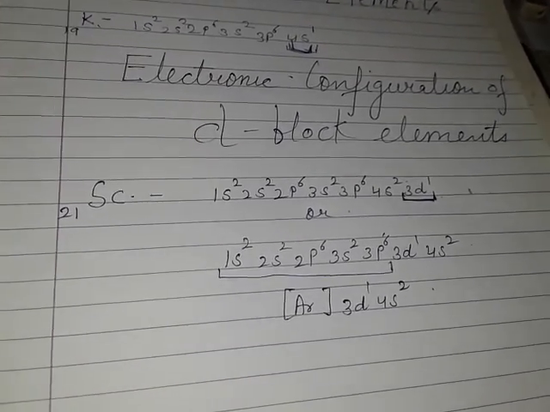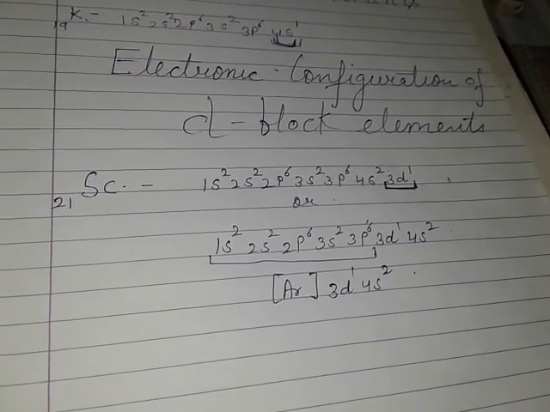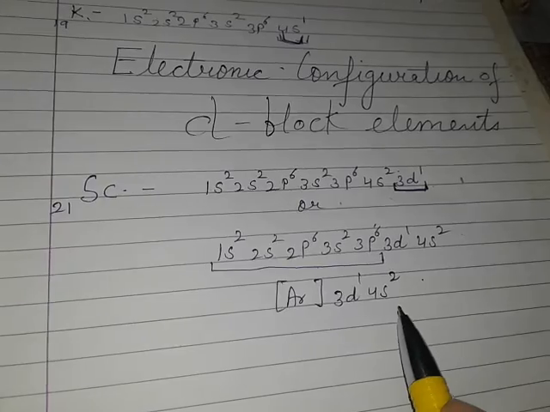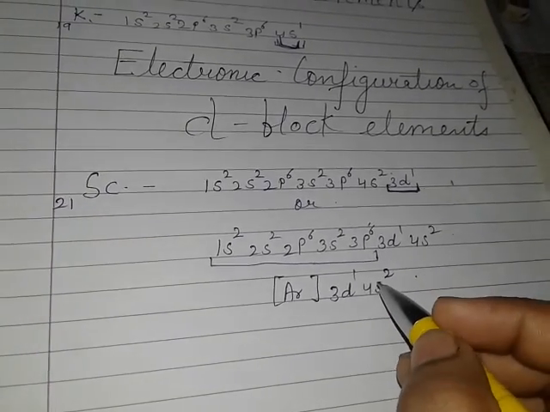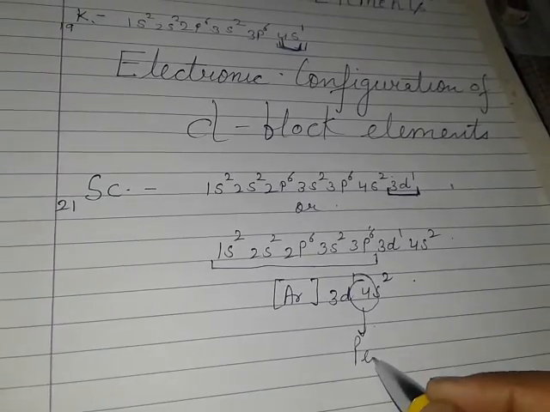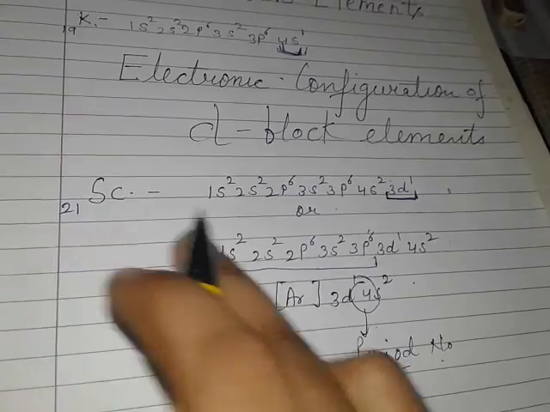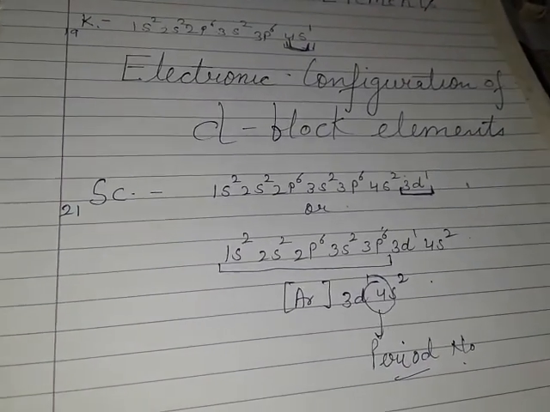From this configuration we gain a lot of information. The very first piece of information we get is the highest principal quantum number, that is fourth. The highest principal quantum number tells you the period number. So scandium is present in which period? It is present in the fourth period.